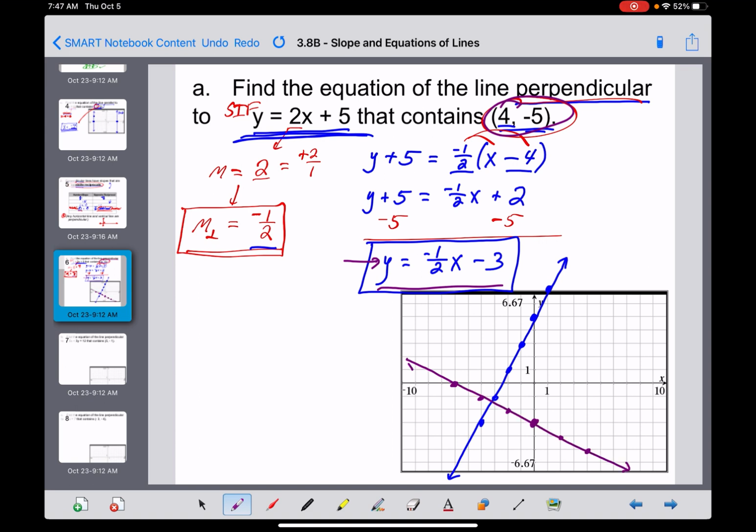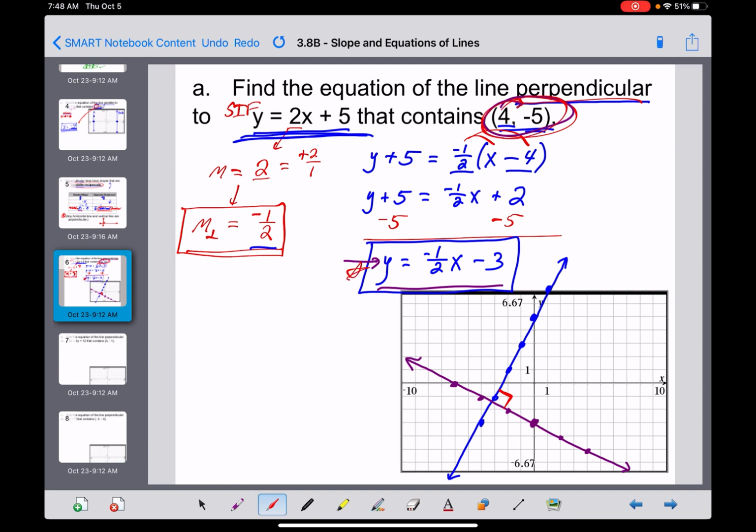And now I am going to draw that purple line that connects all of those points and hope that I see 2 things. Number 1, do you guys buy in looking at the graph that the blue line and the purple line are perpendicular to each other? You can't really trust your eye on that, but I think it passes the eye test there, guys. Yeah, that looks like a right angle. And second of all, does our new purple line contain the point 4, negative 5?